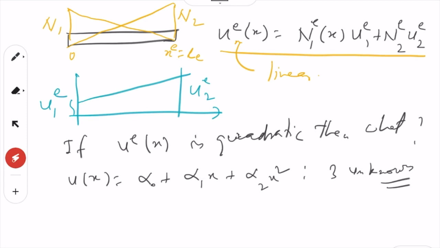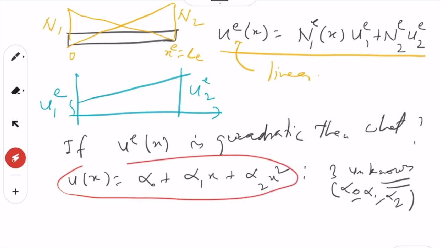Your results will not be correct, because in order to express a quadratic equation you need 3 constants: alpha naught, alpha 1, alpha 2. So in order to fit this u, you need 3 parameters.